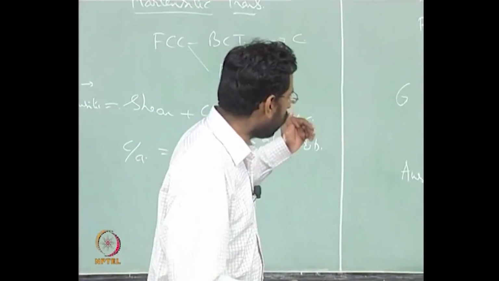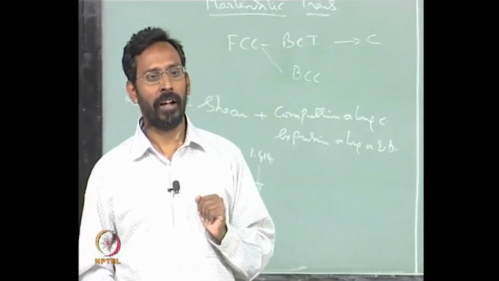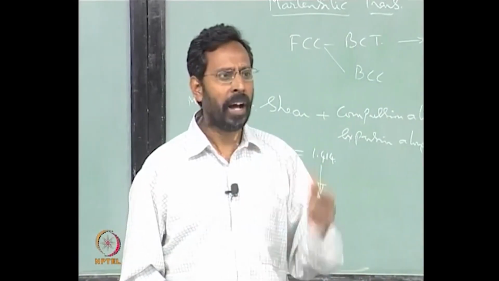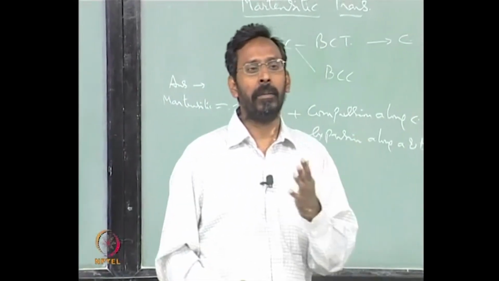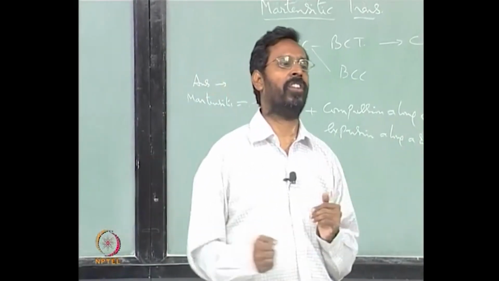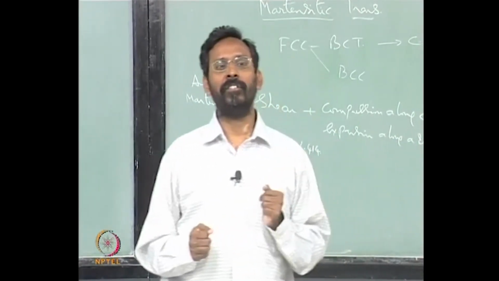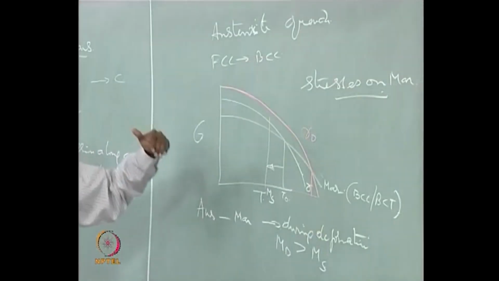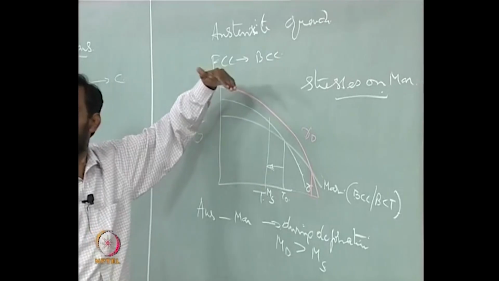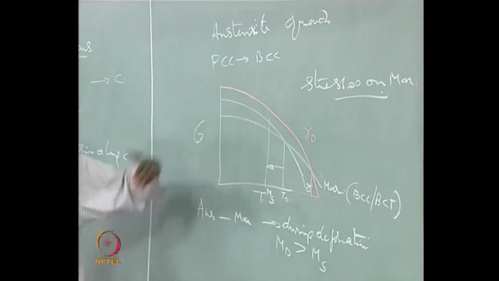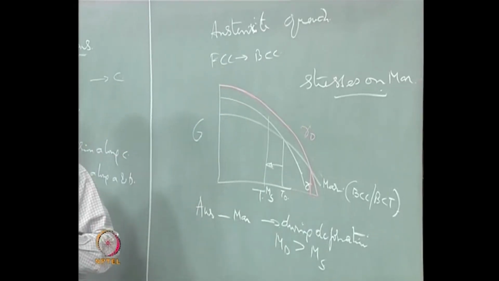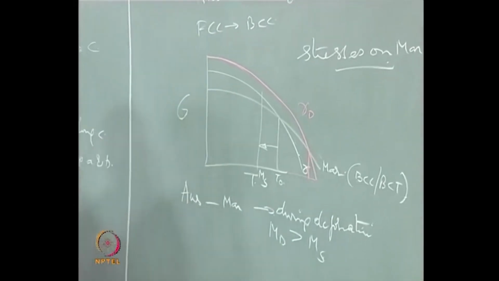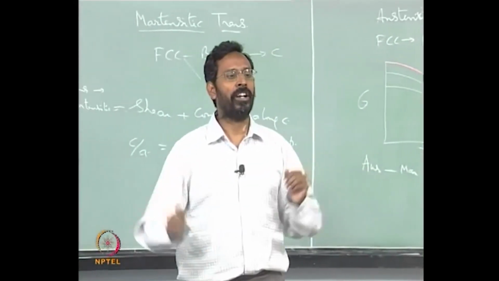So the stresses would definitely raise the free energy of gamma, but because the martensite is a more open structure than the gamma, the relative free energy changes will be such that the gamma free energy because of this pressure would actually go down with respect to the martensite, compared to what you have seen if there are no hydrostatic pressures.